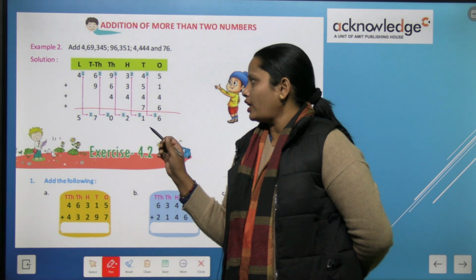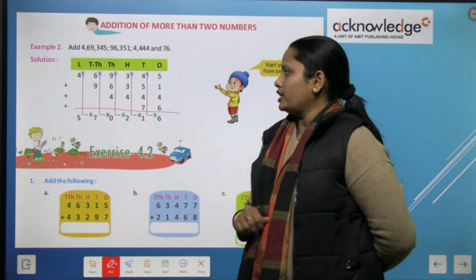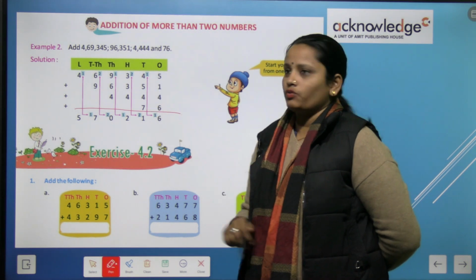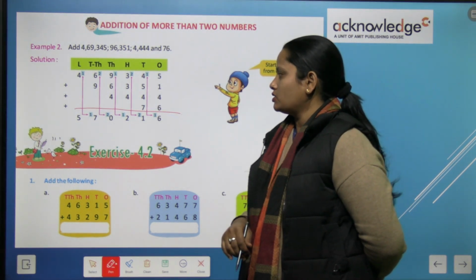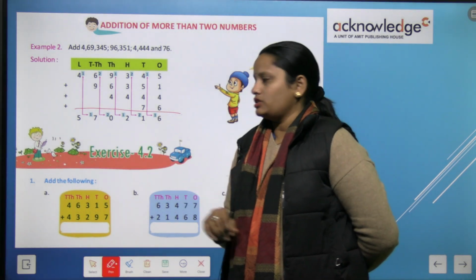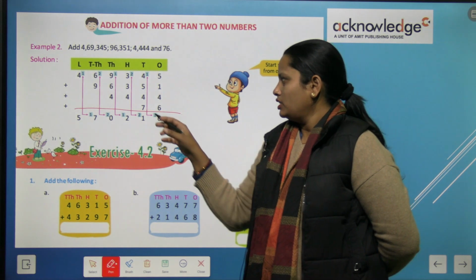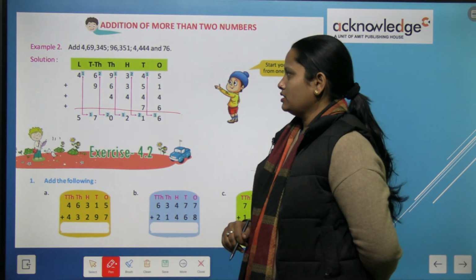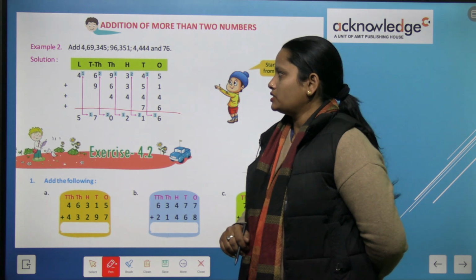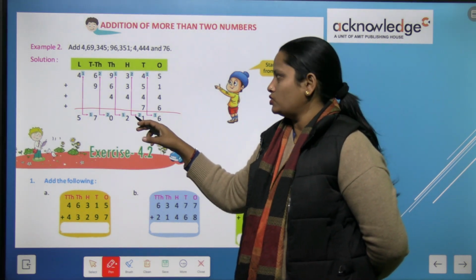Now again we have to add 4 plus 4 is 8 and 7 plus 1 is also 8. 8 plus 8 is 16 and 16 plus 5 is 21. So 1 is to be written here, 2 is carried forward. Next 4 plus 3 is 7 and 7 plus 3 is 10 and plus 2 is equal to 12.